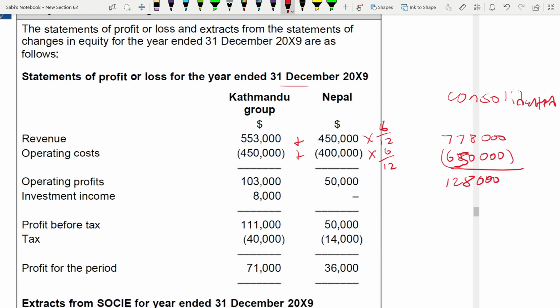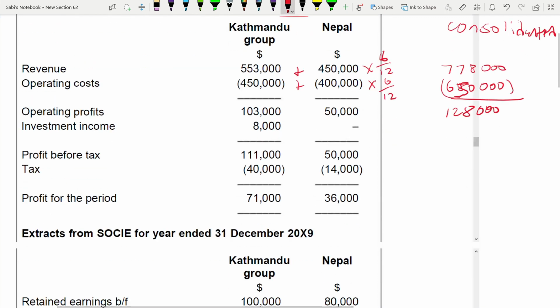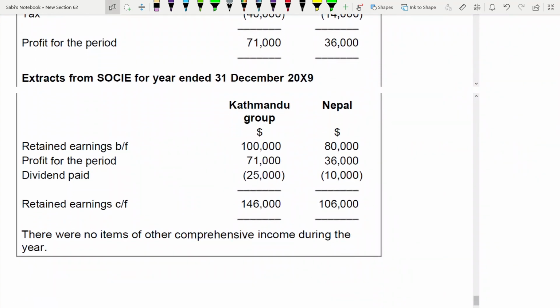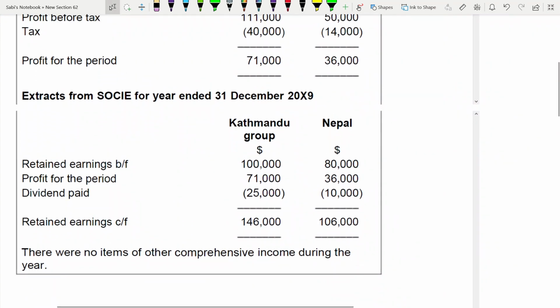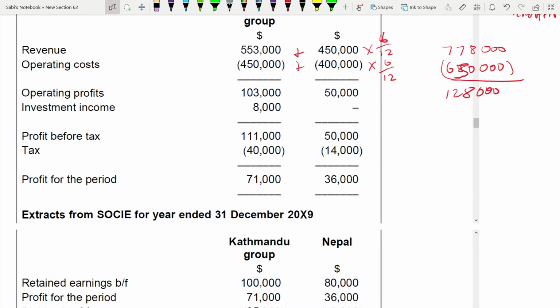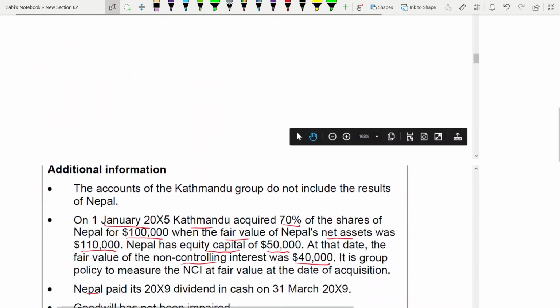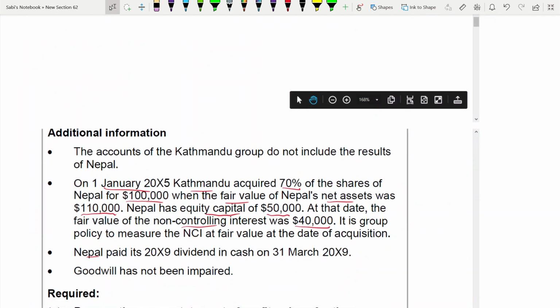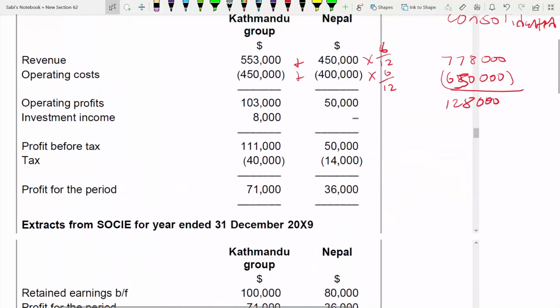Then your investment income. There'll be a change, because if you are disposing it, it will be taken there as an investment income. Investment income has a working.